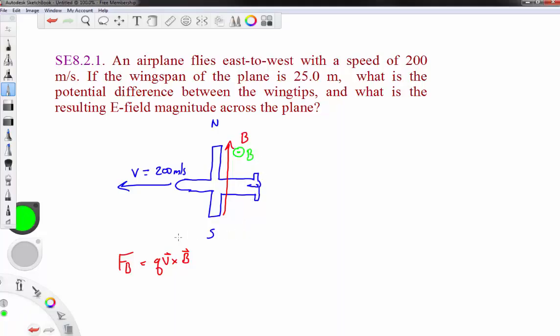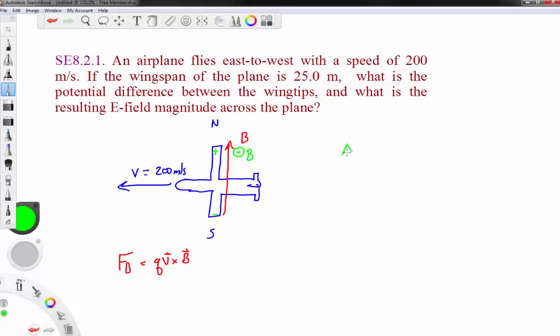And so V cross B means that you're going to have a charge separation such that you get some plus charges and some minus charges across the wings like so. So assuming that this is in fact the case that we have in this problem, then the question is, what is the induced voltage and what is the induced E field?